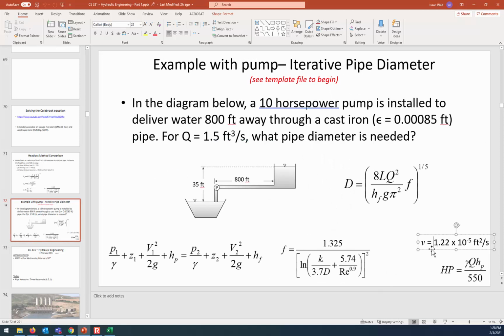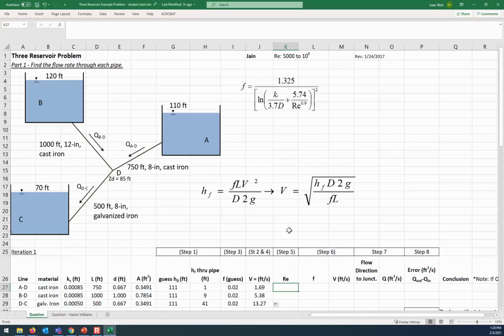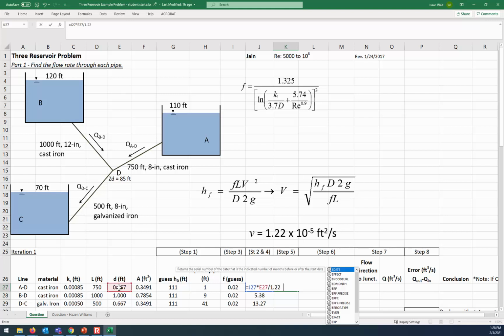Yeah, we're going to need this kinematic viscosity, so let me copy that over here, because we're going to use it to find the Reynolds number. We're in traditional units. Okay, so Reynolds number is V times D divided by kinematic viscosity. So the velocity times the diameter of the pipe divided by kinematic viscosity, 1.22 E minus 5.